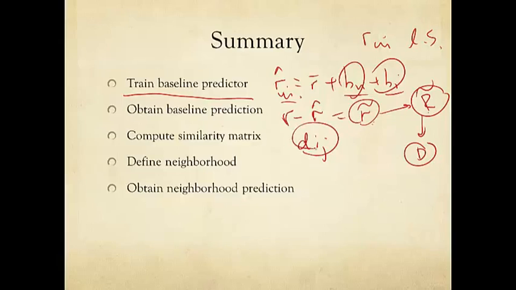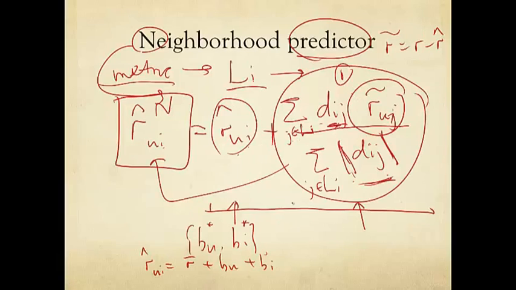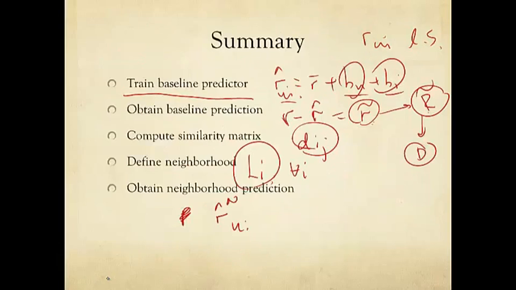Once we have computed this Dij, we can define a neighborhood Li for each movie I, consisting of a bunch of movies very similar or very dissimilar from movie I. And once that's done, we can plug everything into the R hat N ui formula, which we just showed on the previous page, because we now have all the ingredients, including the baseline, the Ds, and the R tilde's.